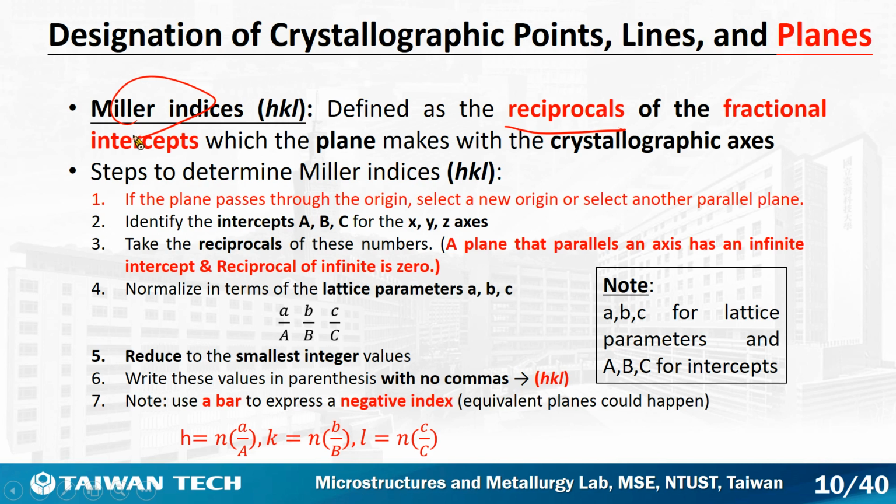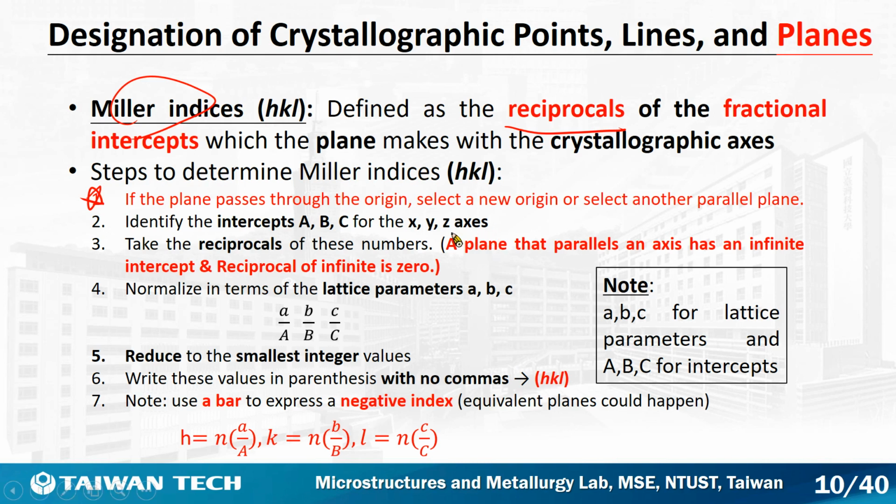I think you will know better. And actually, the first point is important. If the plane is passing through the origin, we move to parallel planes. We can't let the planes have intersections on the origin. Okay, that's the first point.